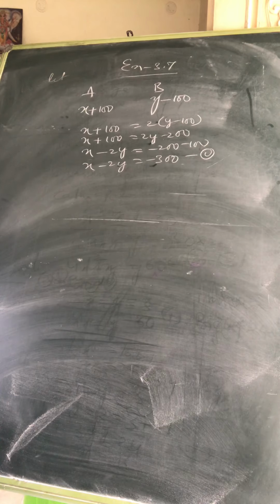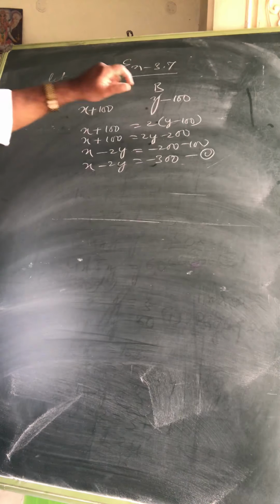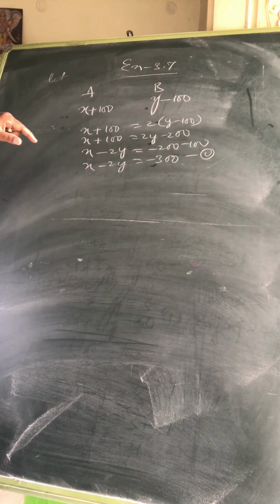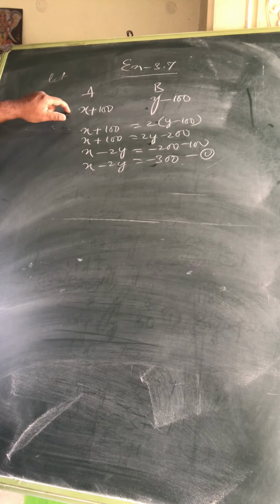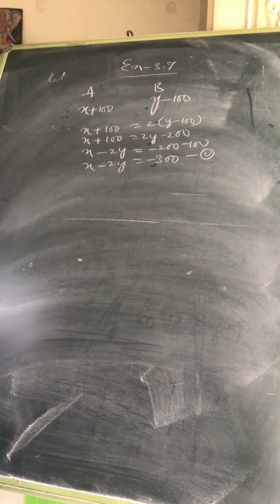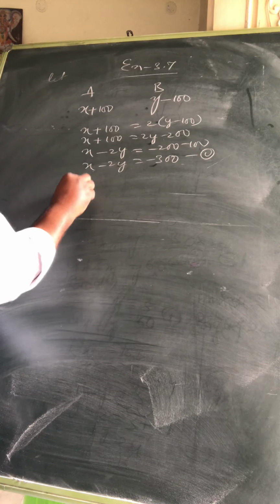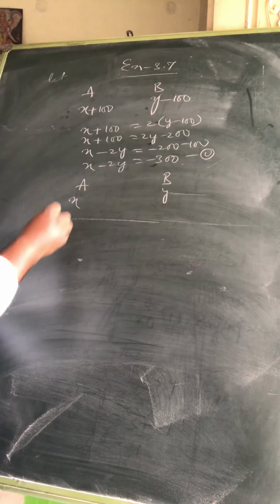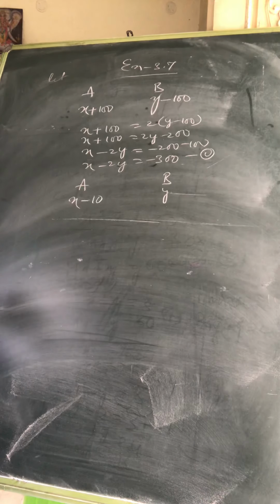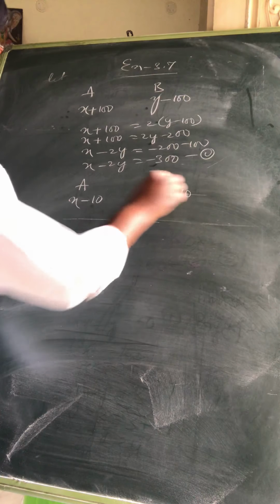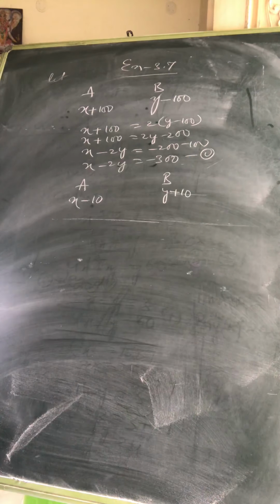Second case. B said he does not agree to this, and he said, not the 100, you can give me only 10 rupees, I will become 6 times of you. So here A has x, B has y. A has to give 10 rupees, so 10 rupees is subtracted from A and added to B: y plus 10.